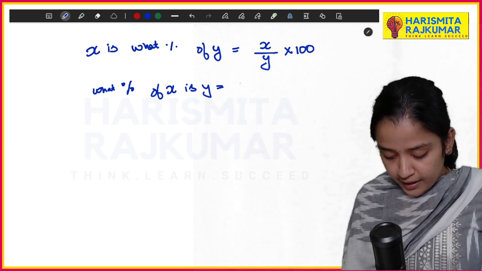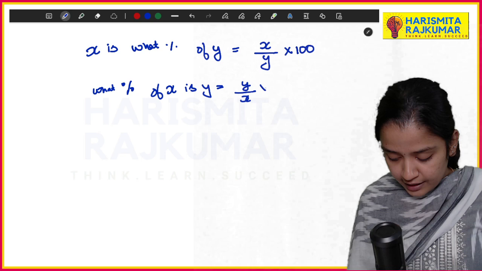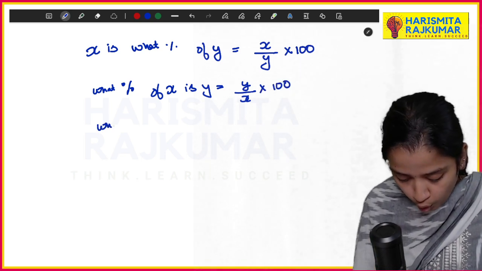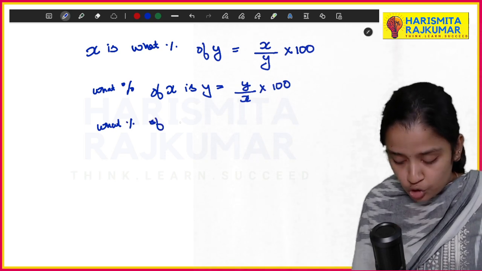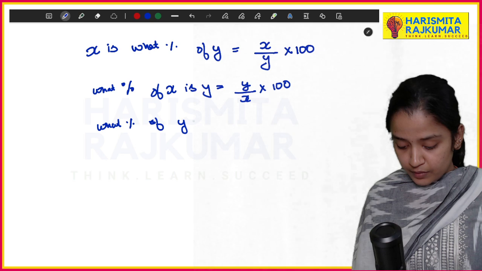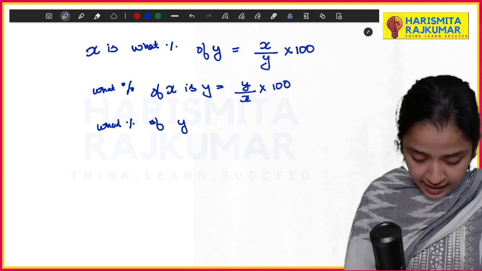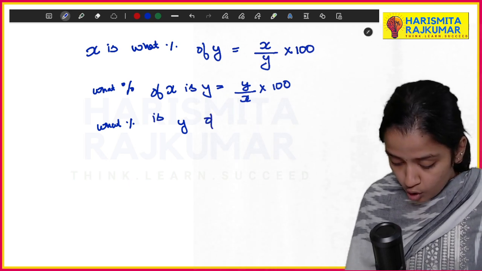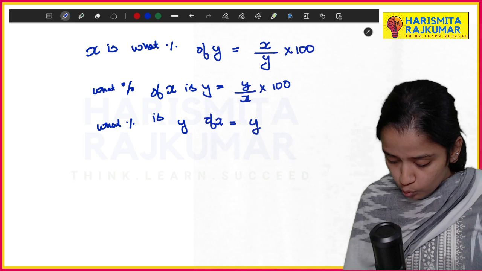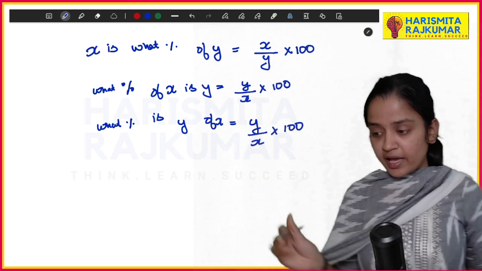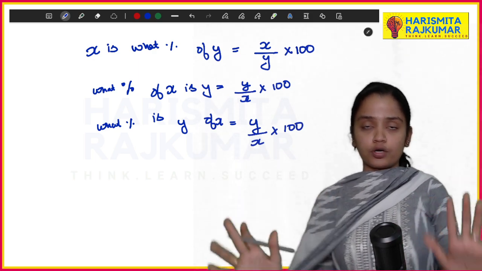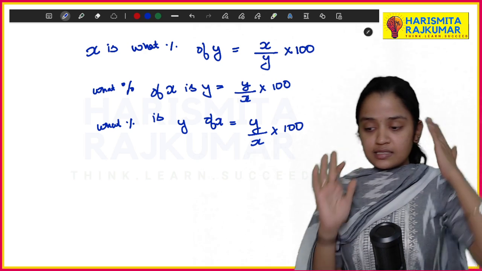Then it will be Y by X into 100. Now what percentage of X is Y is equal to Y by X into 100. So these are the important formulas.